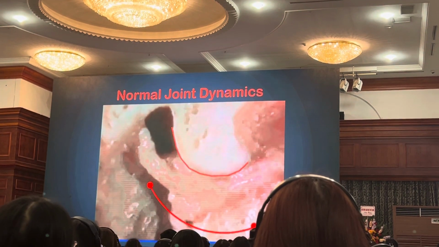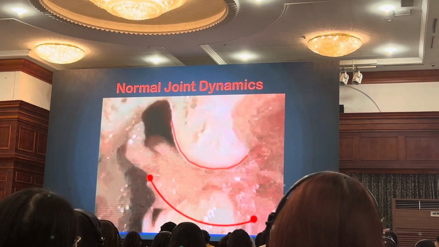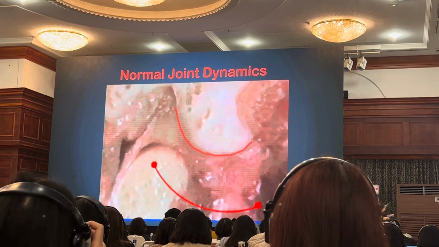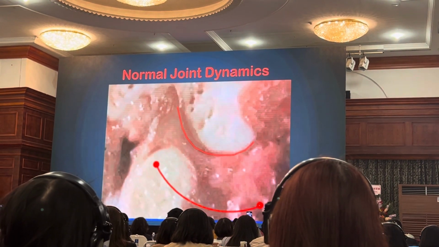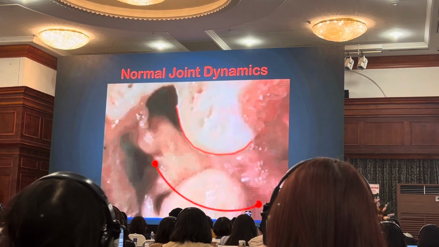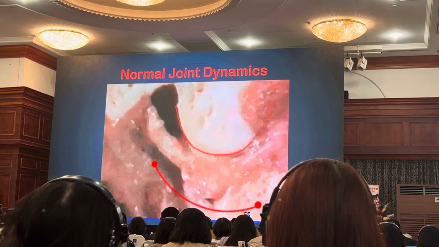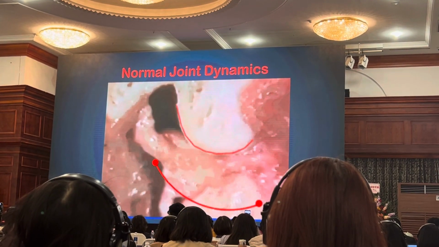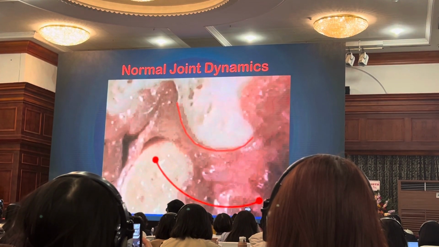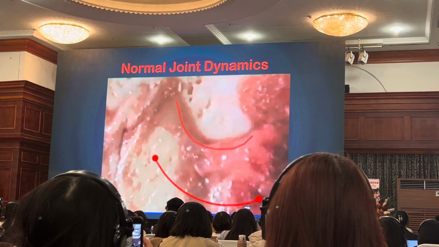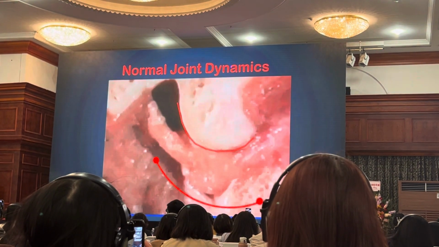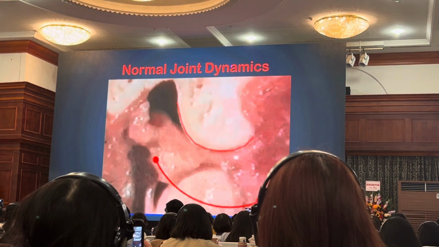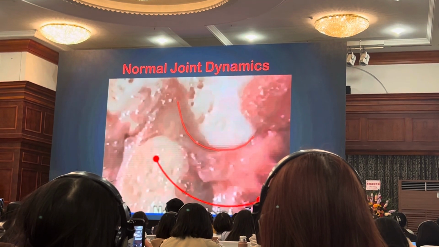So when we open, we start from this point here, the center of the condyle, and we finish at this point here, where the patient will finish the protrusion or opening, and closing to get back. This movement makes a curve, and this curve is completely dependent on the shape and morphology of the eminence.